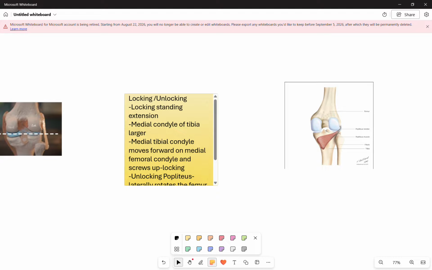There is slight medial rotation because the medial tibial condyle is larger than the lateral condyle. So when it moves forwards on the surface of the medial femoral condyle, it gets sort of a screwing movement and gets locked, and that causes firm extension and a firm, stable, extended hinge joint.